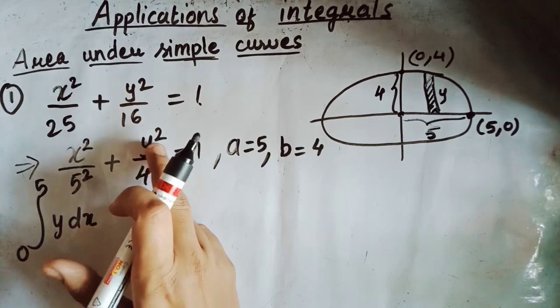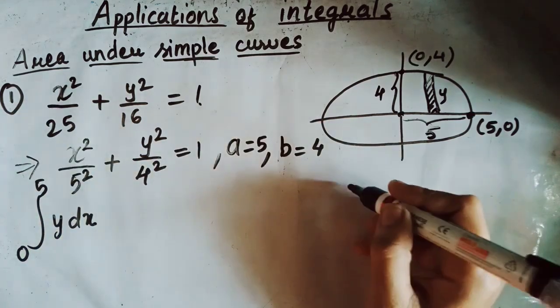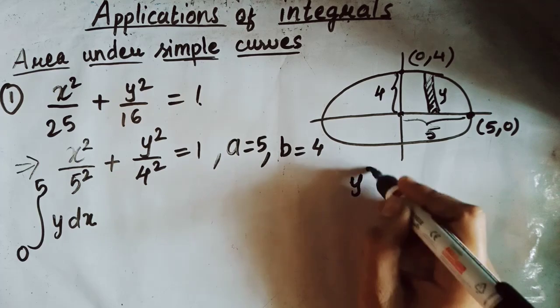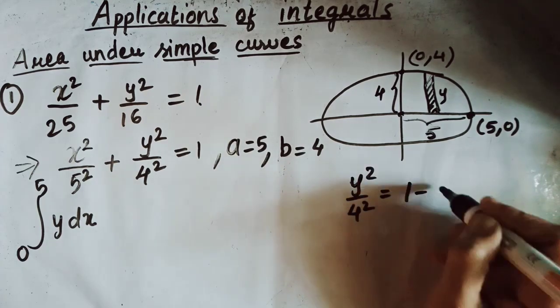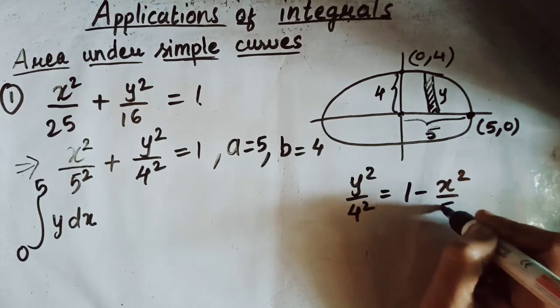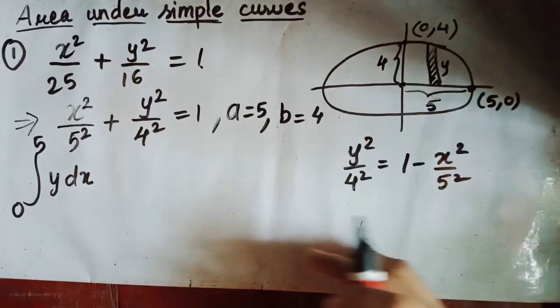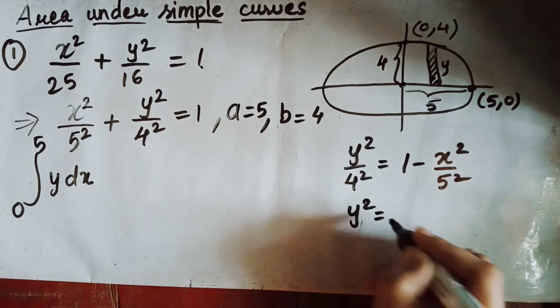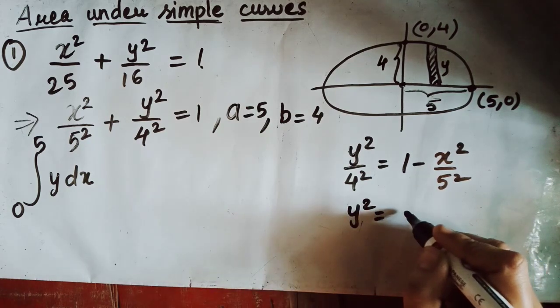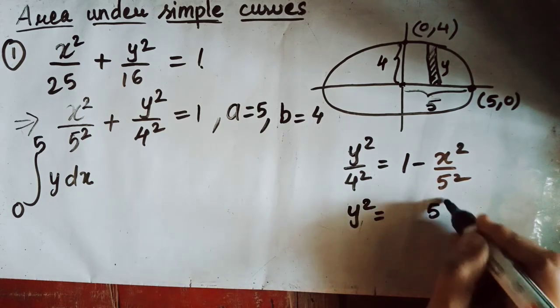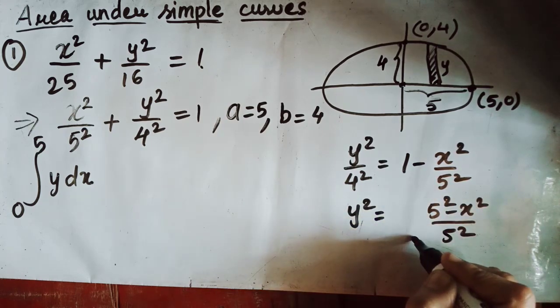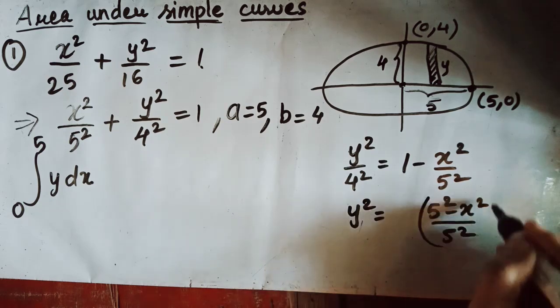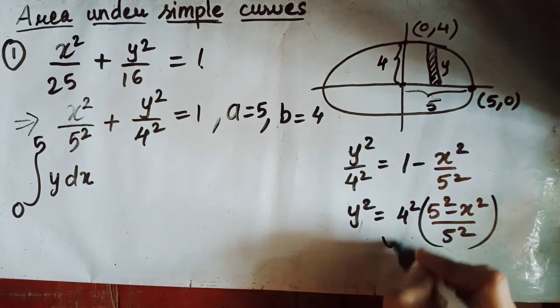I will write here: y square by 4 square equal to 1 minus x square upon 5 square. So y square will be 5 square minus x square upon 5 square, and this 4 square comes here, so root.